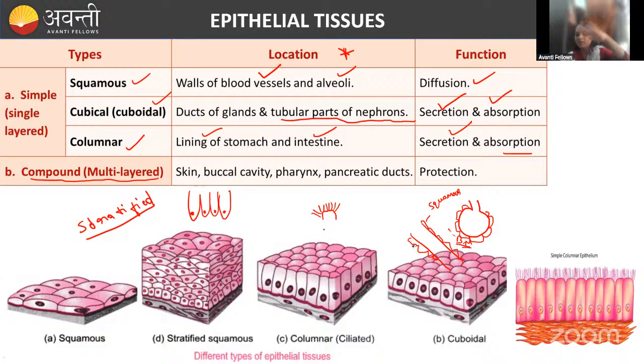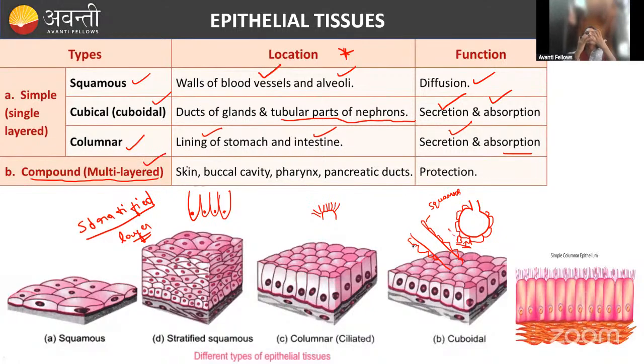The vertical arrangement of the plants is called stratification. So here also stratified means layer. Multi-layer of the tissues is there. It may be cuboidal, it may be columnar, or it may be squamous also. So those are called the compound epithelium.